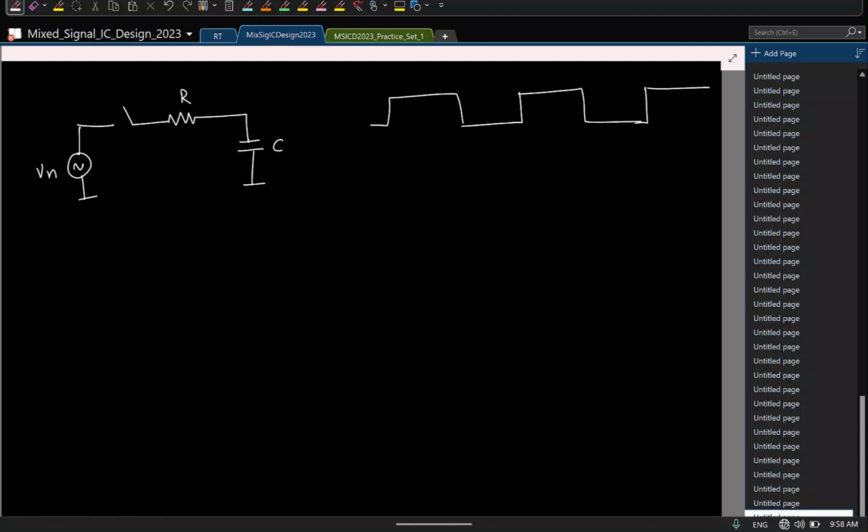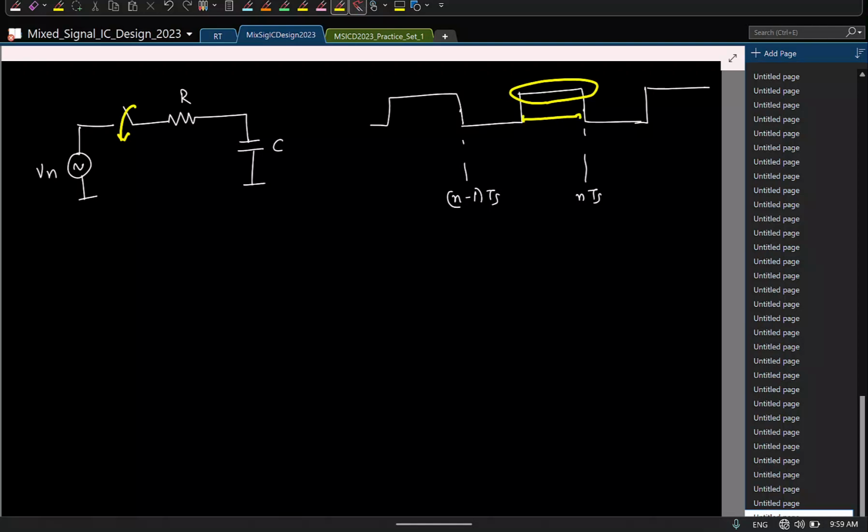And what are the sampling instants here? Falling edges. So these are the sampling instants. Let us say this is nTs, (n-1)Ts. And let us say now we are operating in this region. That is, the switch is closed.